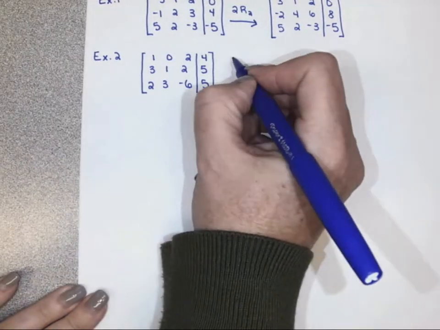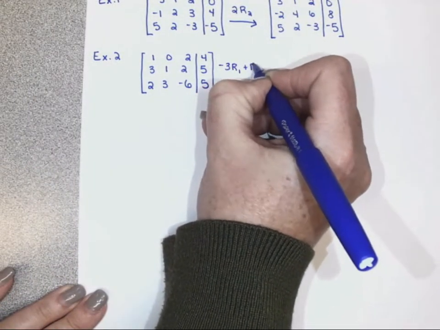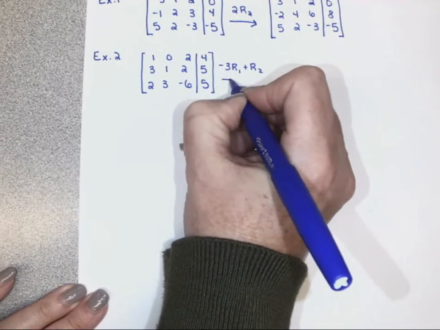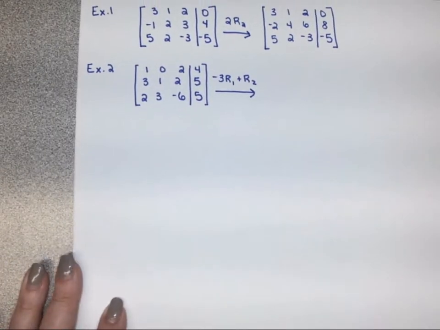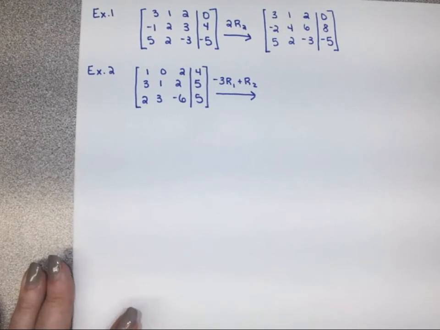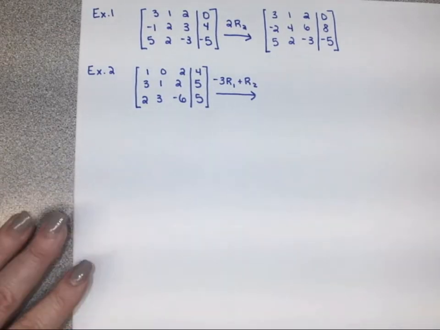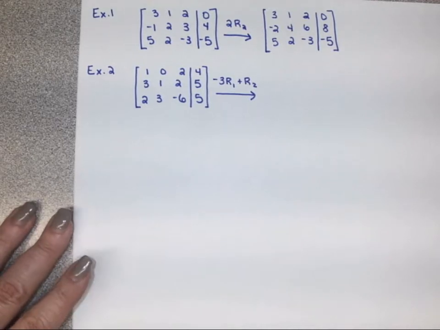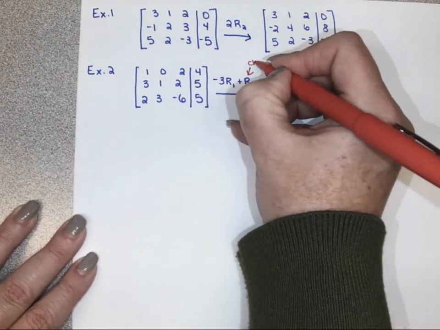So let's say that I give you this instruction, negative r1 plus r2. By the way, you almost always see an arrow indicating that they want you to write the new matrix, to go ahead and make the changes that they mentioned. So which row is changing? The one listed second is the one that's changing.